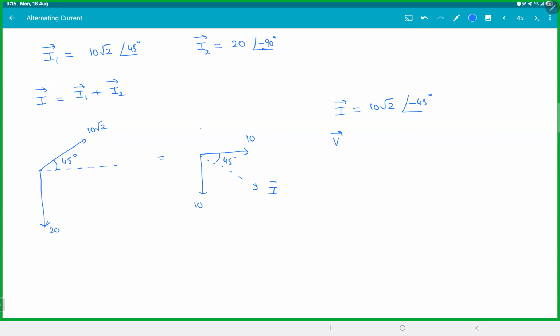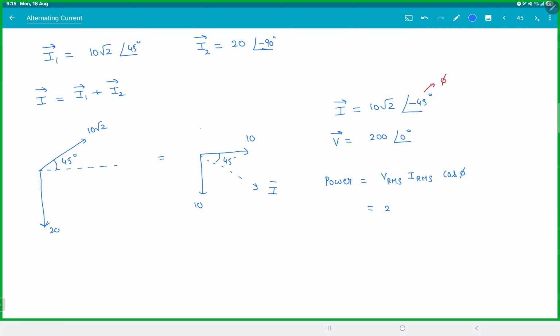And we know voltage V bar will be 200 at 0 degrees. So you can clearly see this is your phase angle. Isn't it? So yeah, you're done. So what do you want to find? Power will be VRMS, IRMS cos phi.